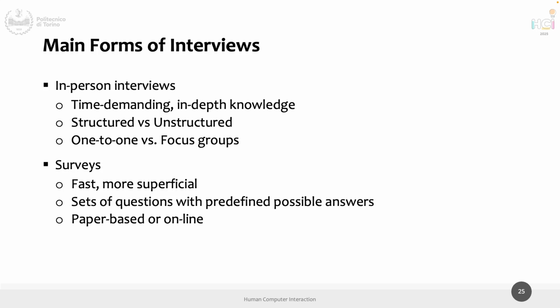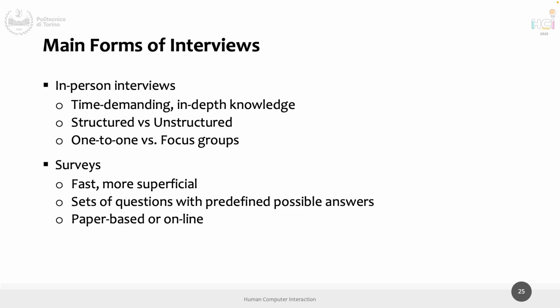One are one-to-one or small groups interviews, most of the time done in person. And the other one are surveys, questionnaires, large-scale, online or on paper questionnaires to fill out.